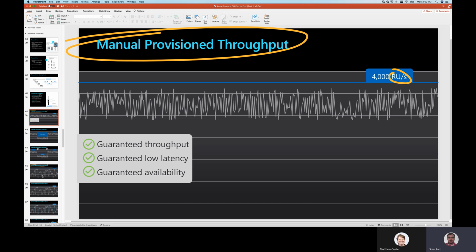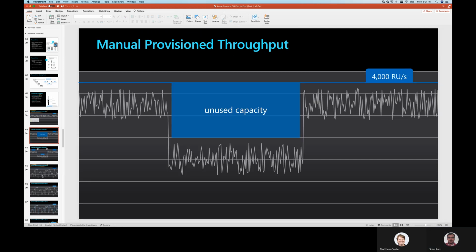But I would always argue that 24/7, your traffic might not look like that. What if your traffic is light during nights? What if your traffic is light after you close the shop or when your shop is open? That leads to unused capacity.